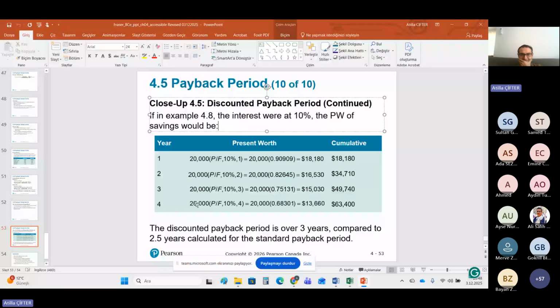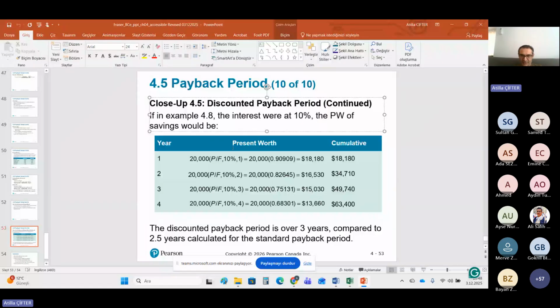Okay. So here you can notice that when you use discounted payback period, you bring it to today, and then the sum of your cash inflows in present value is less than the unadjusted, which is the standard payback period method.